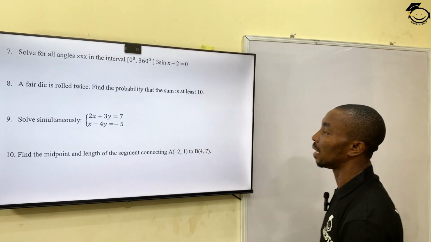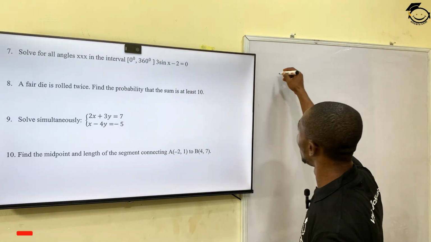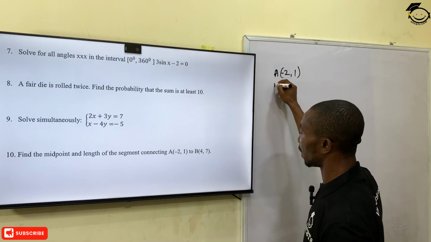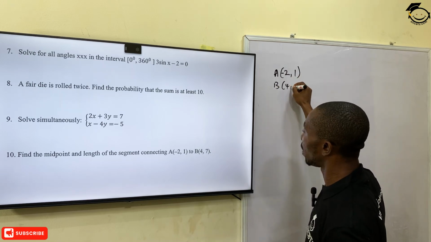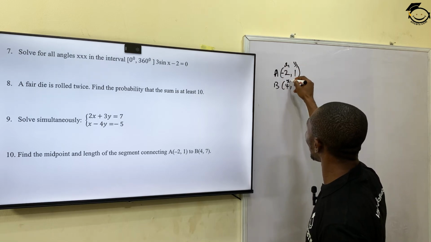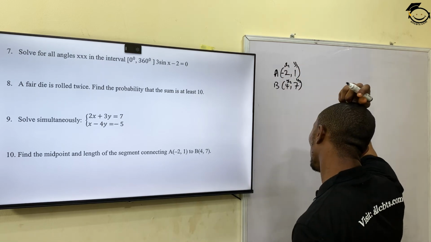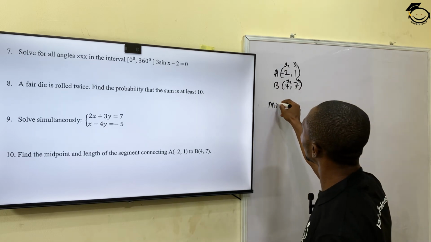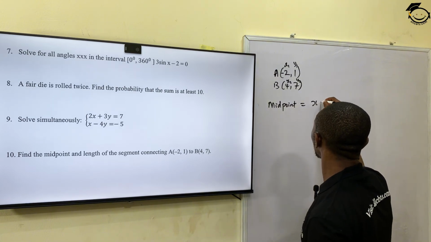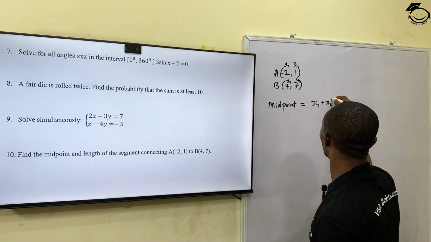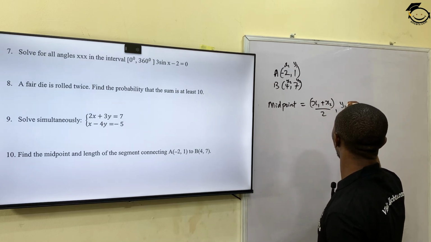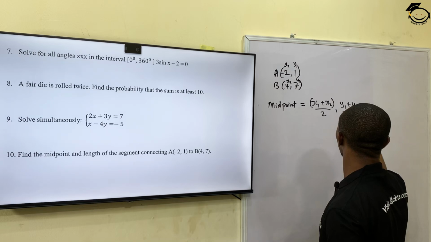Find the midpoint and length of the segment connecting our A minus 2 and 1 and B 4 and 7. Now this is x1, y1, x2, y2. For our midpoint, we have x1 plus x2 all over 2 and y1 plus y2 all over 2.